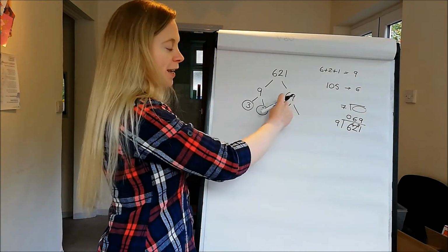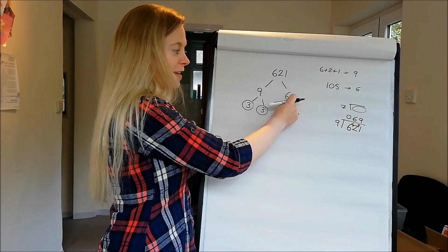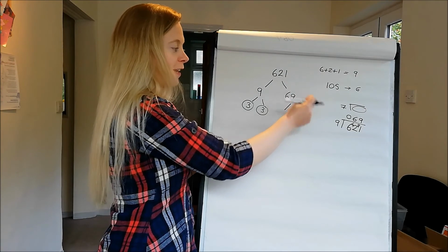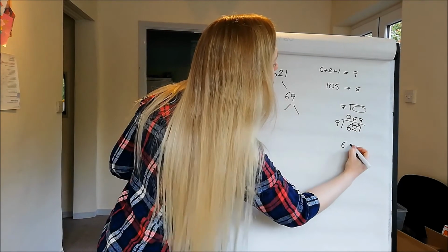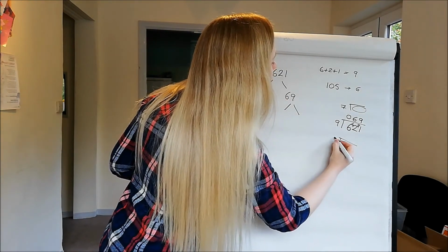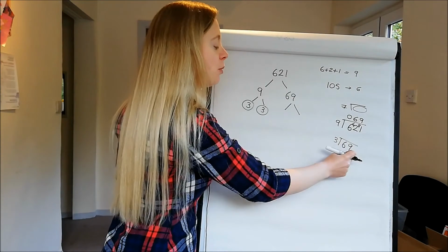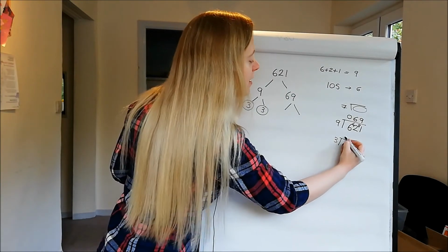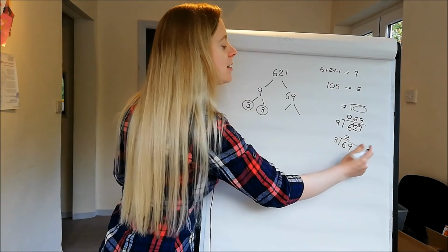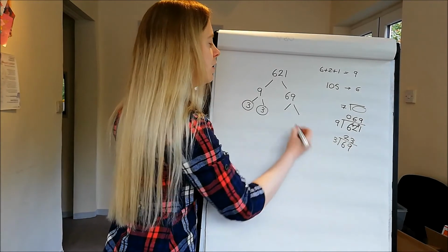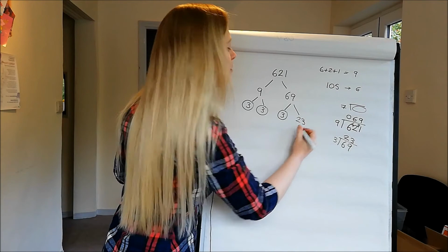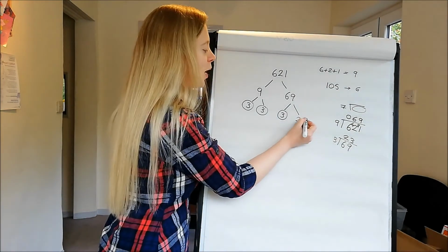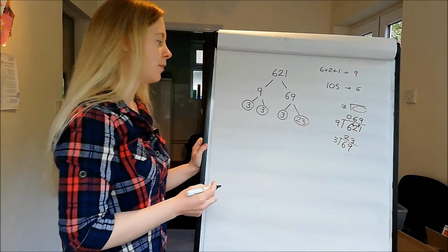69, applying the digits test, 6 plus 9 is 15, and 15 divides by 3. So 69 definitely divides by 3. If you didn't know that at a glance, you'd set it up bus stop again. 3 into 6 goes twice, and 3 into 9 goes 3 times. So I'm going to have 3 times 23, and 23 is prime, so I circle that as well.